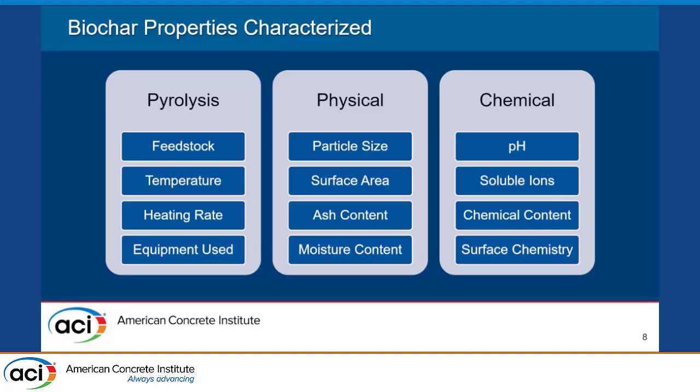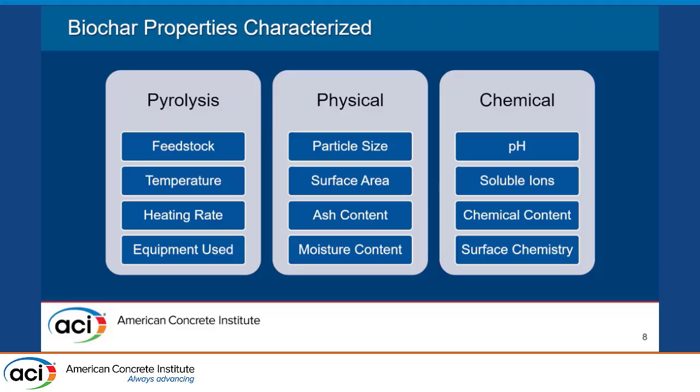So I characterized the 16 biochars really every way I could think of. We looked at the pyrolysis conditions, we looked at the physical characteristics, the surface area of the particles, the ash content. I think it's important to note that the biochar has only a handful of chemical components. You have your carbon content, your oxygen content, a little bit of nitrogen, a little bit of phosphorus, a little bit of sulfur, and then everything else is considered ash content or inorganics.